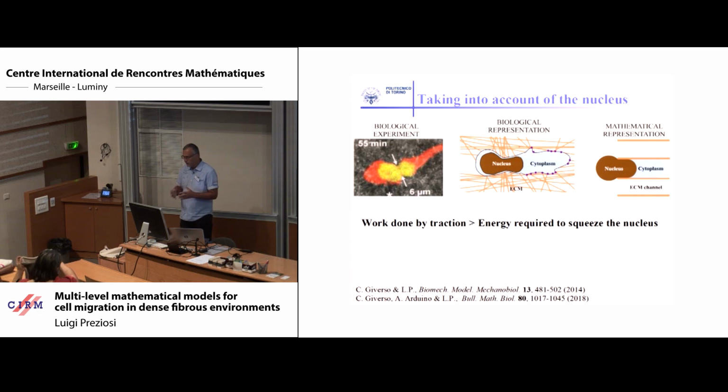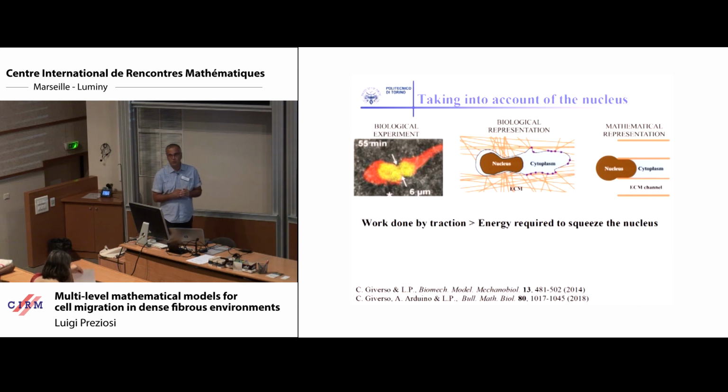Okay? So the first thing to look at is the behavior of a single cell in this dense environment. And from the experiment you can see that the biggest role is played by the nucleus, which is the stiffest organelle of the cell.